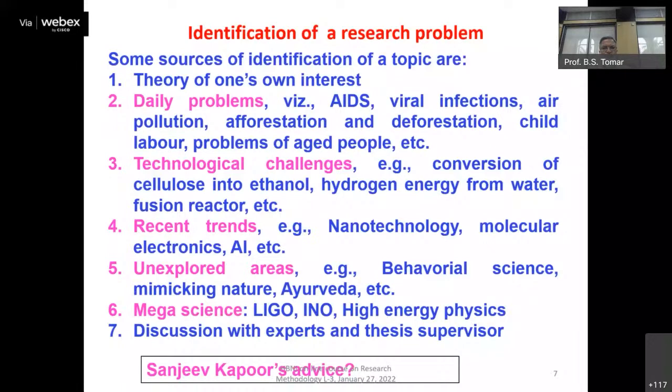And of course, many of our students are involved in mega science projects like LIGO, INO, high energy physics, and so on. There are many others; even ITER is a mega project. So these are some of the examples, typically, of how one can choose a problem.